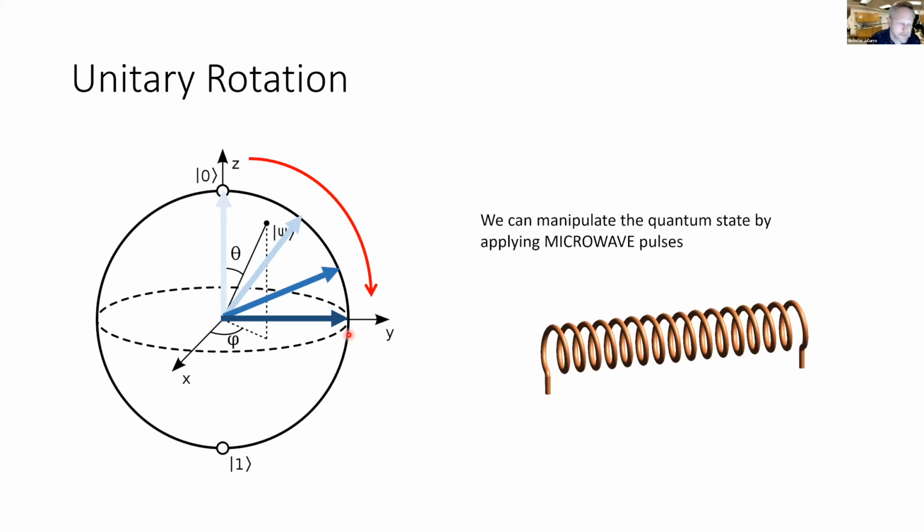That's a little easier said than done, but if we have the right calibrations for the power levels of the microwaves and the pulse parameters, this is very straightforward to do. Incidentally, this is exactly the sort of thing that people who do magnetic resonance do all the time.